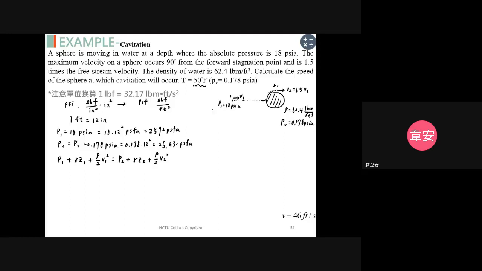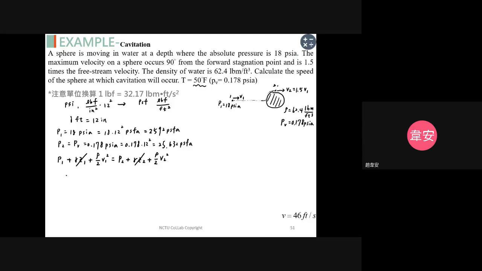And as with the previous exercise, we ignore the elevation difference between Z1 and Z2 because the sphere particle is quite small. So we don't have the terms for Z1 and Z2.